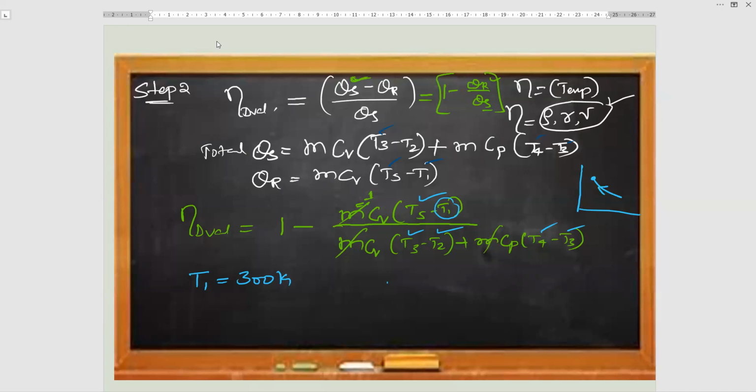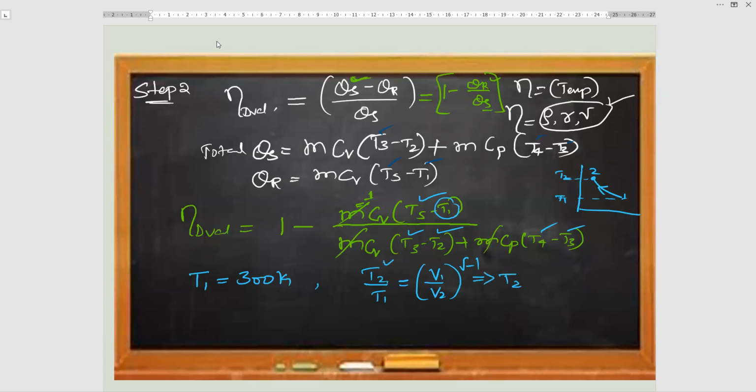Up to here, 1 to 2 is a compression process. So what type of compression process is it? It is an isentropic compression. So we know the equation T2 by T1 is equal to (V1 by V2) to the power of gamma minus 1. Here T2 is unknown.